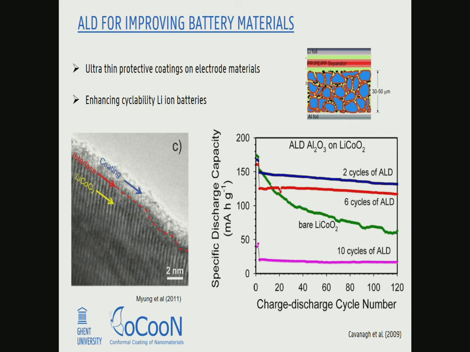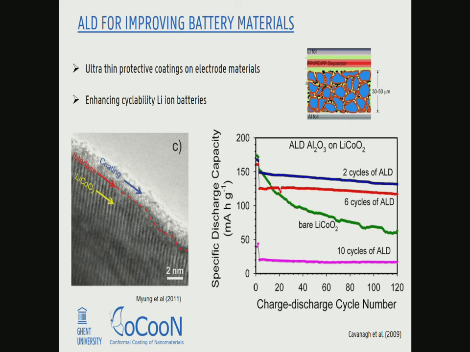If you have just bought a laptop, your batteries last for a certain number of hours. And as your battery grows older and has been cycled, charged and discharged more, typically that decreases. Now, people have found out that if you just give a couple of cycles of ALD, and this should not be nanometer-sized coverage, because if you're depositing 1 or 2 or 3 nanometers, it becomes too much around your lithium cobalt oxide, and you're just preventing lithium from going in.